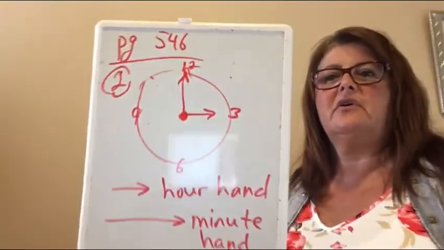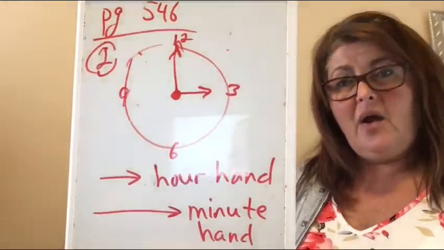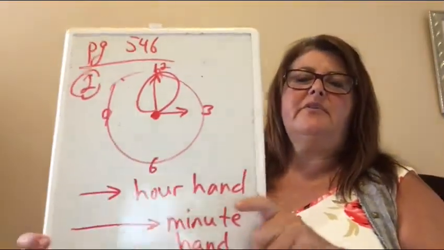Number 2, they want you to circle the minute hand. Number 2, what are you going to circle? The longer hand, the minute hand. You are going to circle the minute hand.